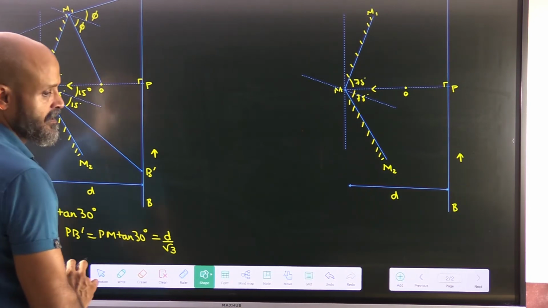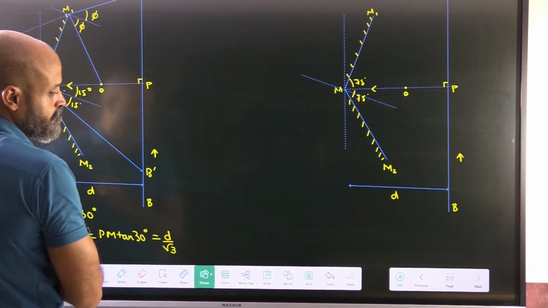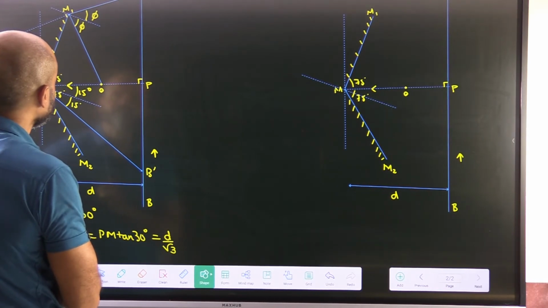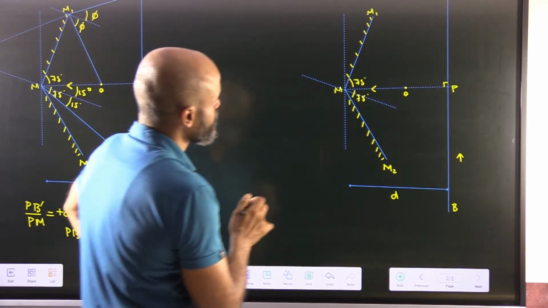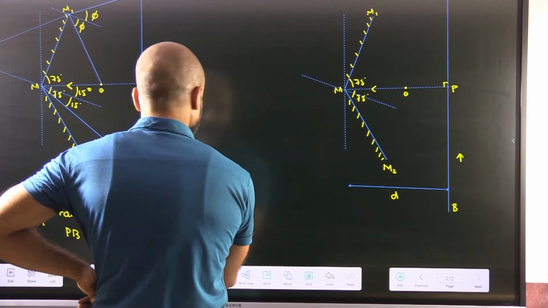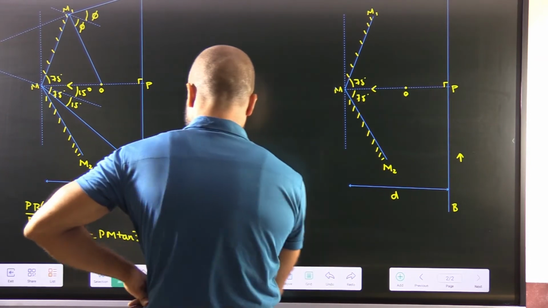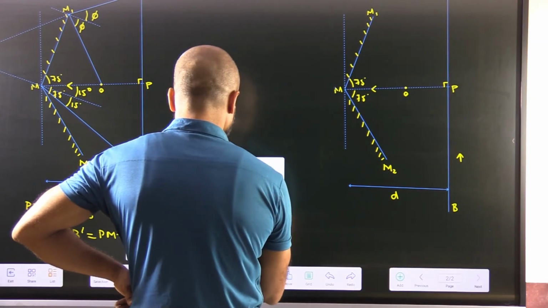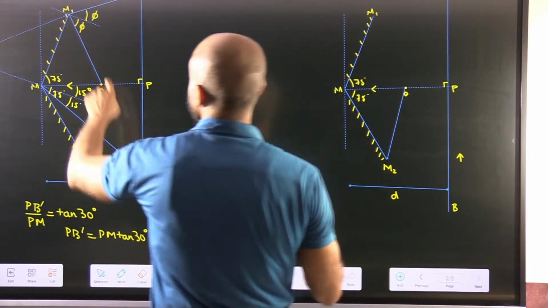So what is it that is happening here? This time, we will not draw this perpendicular. We will take this point here, and let's say here is an incident ray on this one, just as it happened here.